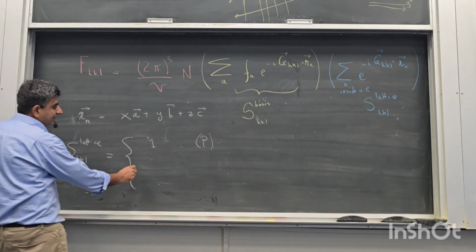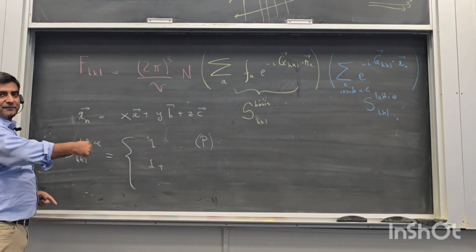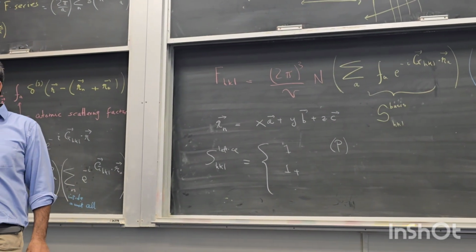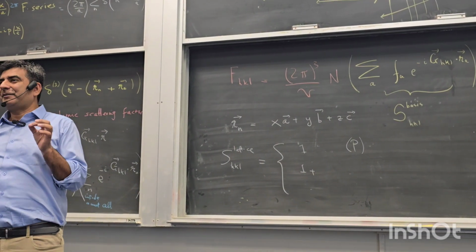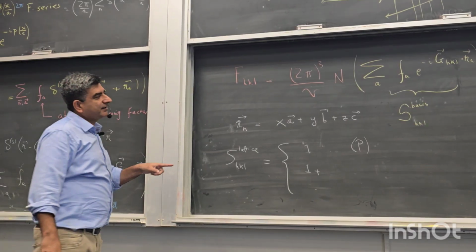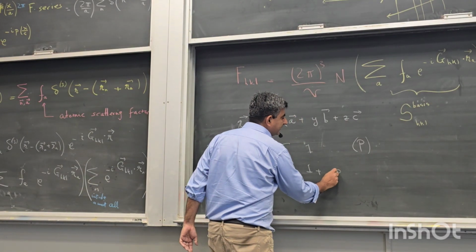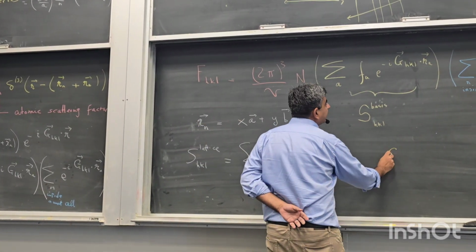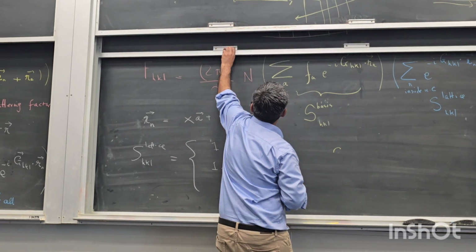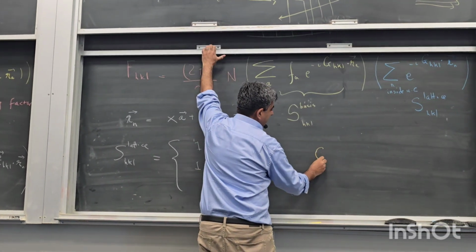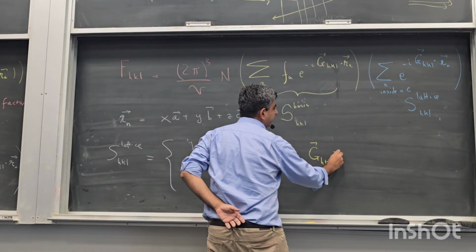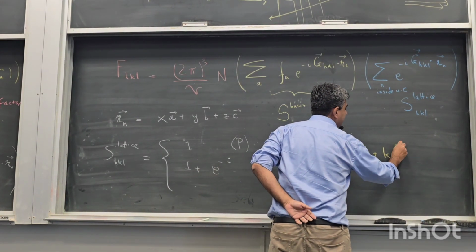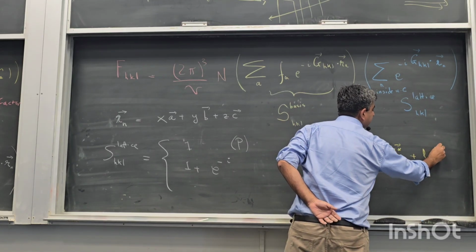For a body centered, since x is half, y is half, z is half, that's the second point belonging to that unit cell. So there are 2 points in the unit cell, one at the origin and one at the body center. So this factor is going to be 1 plus e to the minus i G_HKL dotted with R. G_HKL, as you all know, is H a star plus K b star plus L c star.